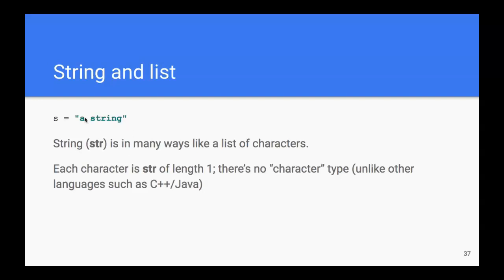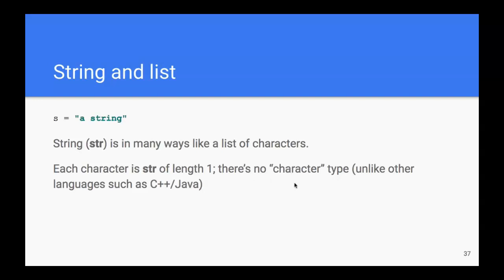For example, the A character is just another string, but it has a single character, so the length is 1. Again, for those of you who know C++ or Java or other languages, you can extract a single character out of a string, but that character is a different type. It's called a character type, right?